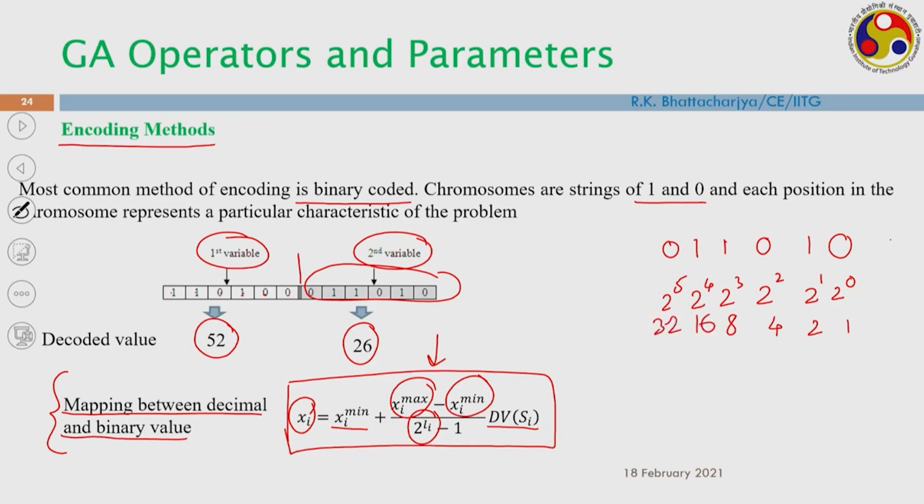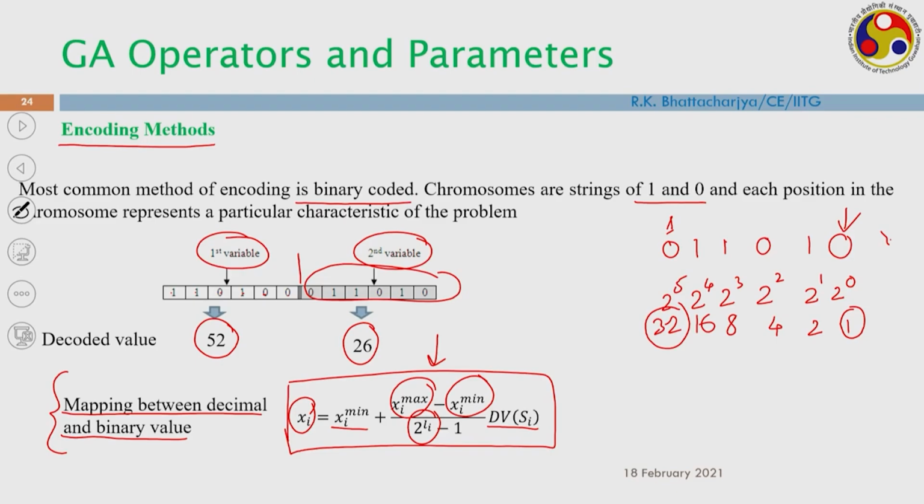Now, if this particular bit, the right hand side bit, is changed from 0 to 1, then the change in the decoded value will be just 1. But if you change the left hand bit from 0 to 1, then you are adding 32 to the new string. So the left hand side bits are more significant bits. If there is any change in a left hand side bit, the corresponding change in the decoded value will be very large.